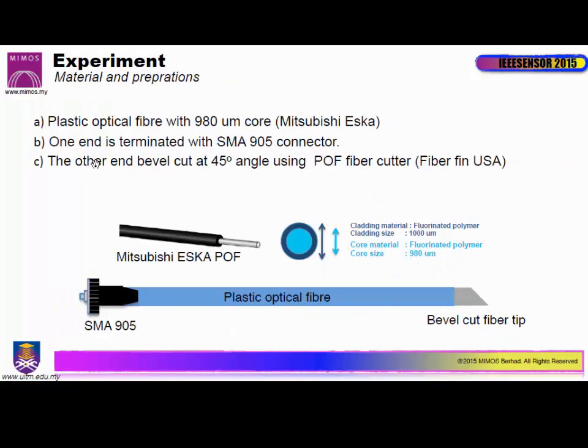And this is the sensor probe that we developed. We are using plastic optical fiber. Again, it's the cost issue. Instead of using normal glass fiber, this fiber was purchased from Mitsubishi, and we prepared the fiber by terminating it with a connector on one end, and we cut it at 45 degrees on the other end.